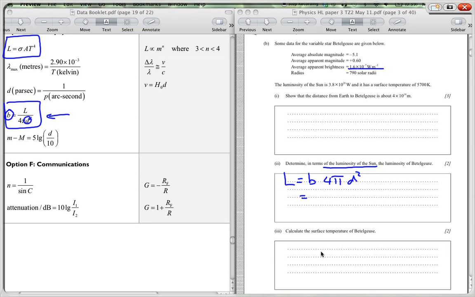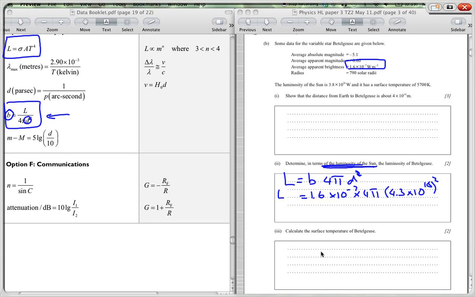So I put that in. I've got my apparent brightness there. That's going to be 1.6 times 10 to the negative 7 times 4 pi times 4.3 times 10 to the 18. And you see that squared there. Don't forget the squared. Now, it says in terms of the luminosity of the sun, so this is going to give me the total luminosity in watts.